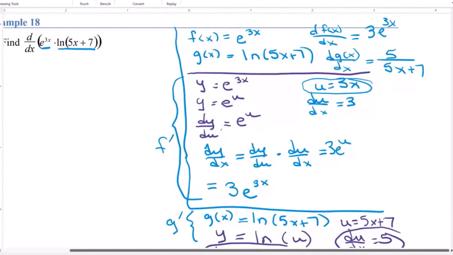So now I have f, g, f prime, g prime, and the derivative of a product is f prime g plus g prime f, and now I can just substitute. f prime is 3e to the 3x, times g.